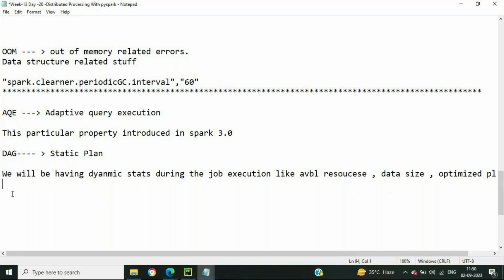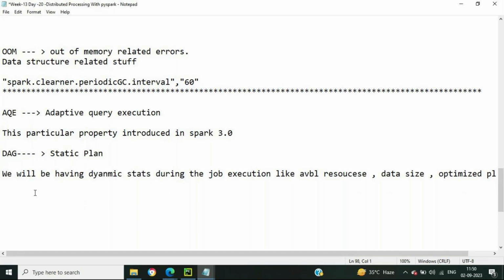That is possible based upon AQE only, that is adaptive query execution, where the execution is done based upon dynamic stats, dynamic optimization, basically real-time optimization, what we can say.